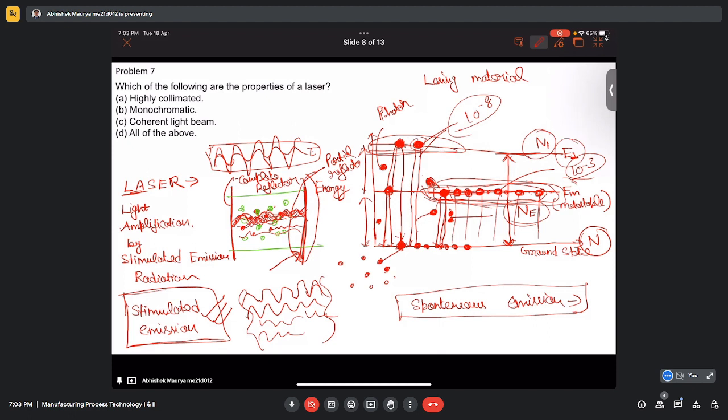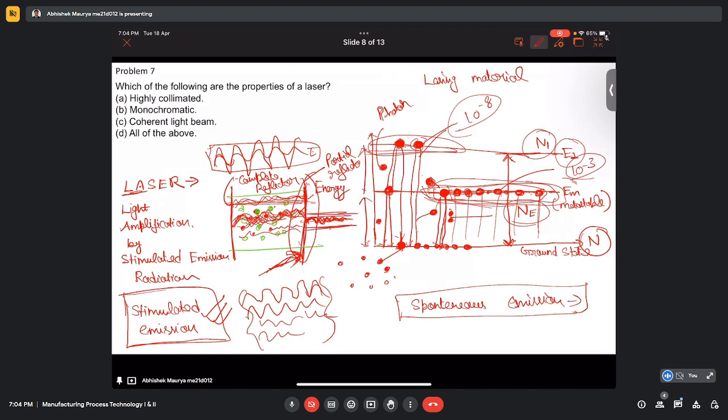Here the light wave is resonating as well as amplifying. But after a certain amplification, this partial reflector is not able to reflect further. Then it will act as transparent, and after the light reaches that amplitude, it will allow the laser light to come out. And this light which is coming out is the laser.